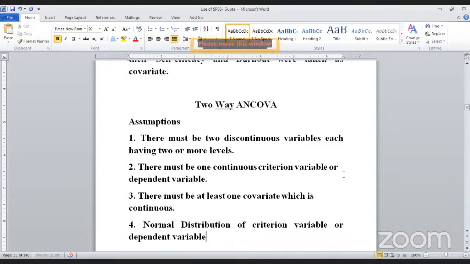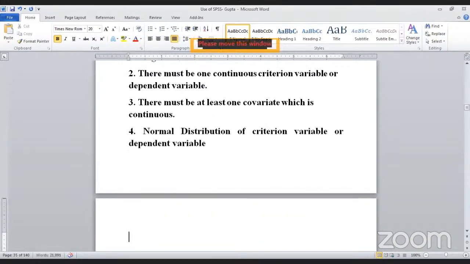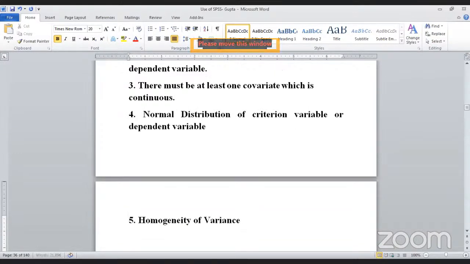Then another is homogeneity of variance. And there should not be any outlier.